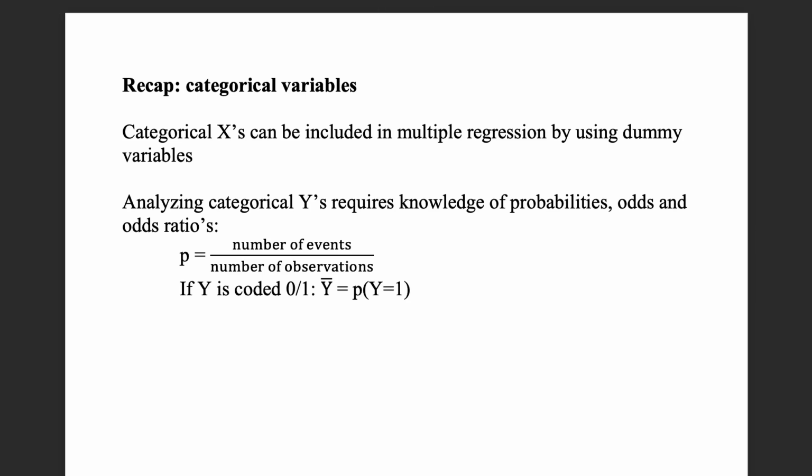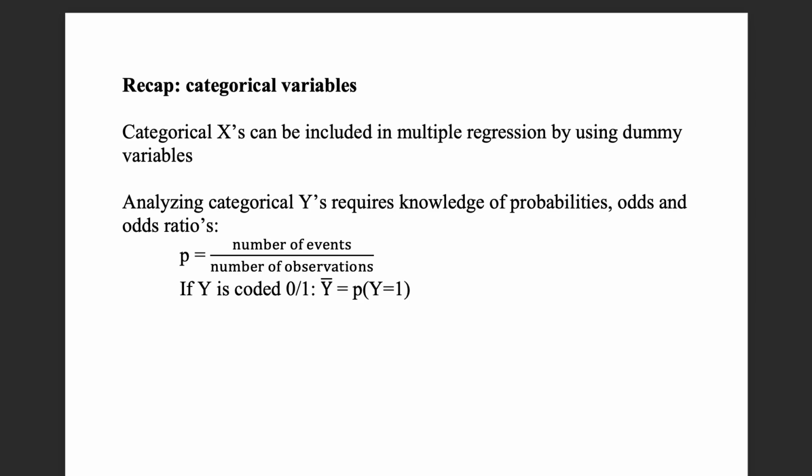We've also seen that if we take a variable and we use dummy coding on that variable, so we assign the value 0 to those observations that did not experience the event, and we assign the value 1 to the observations that did experience the event, then if we were to calculate the mean of that variable, that's the same thing as calculating the probability that the event happens.